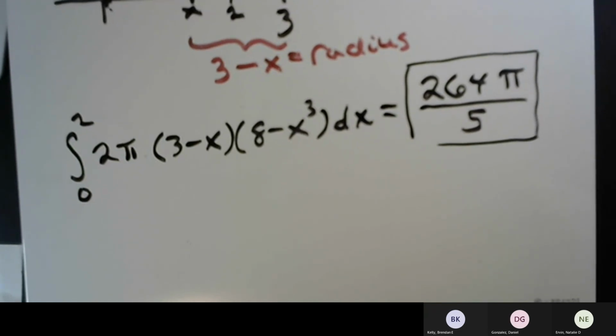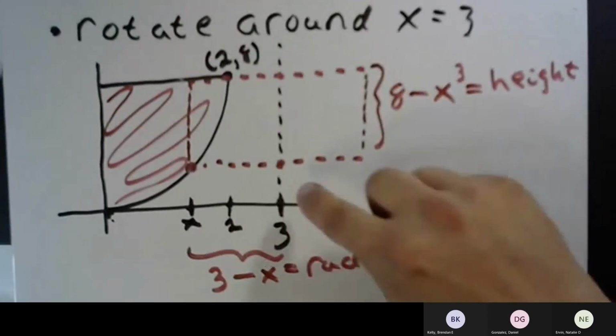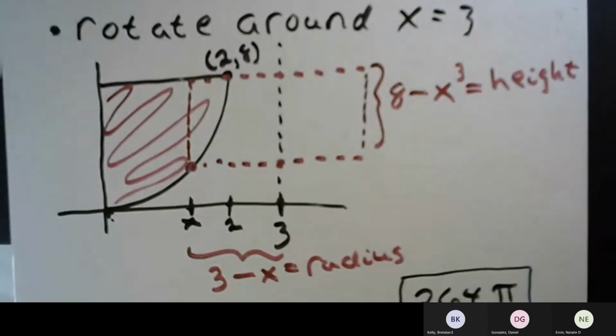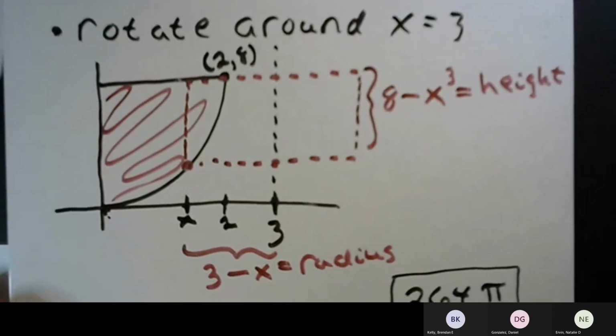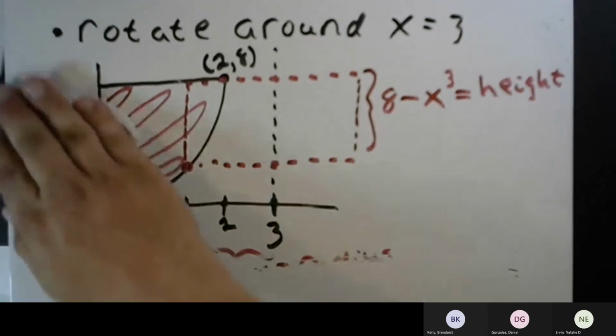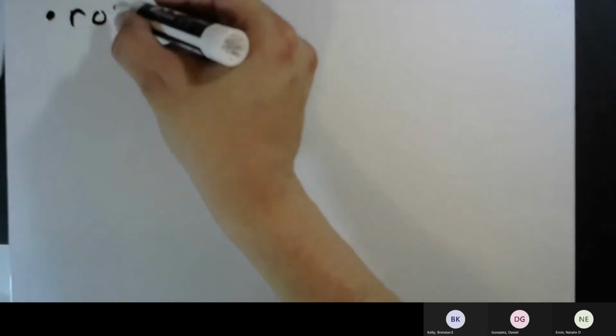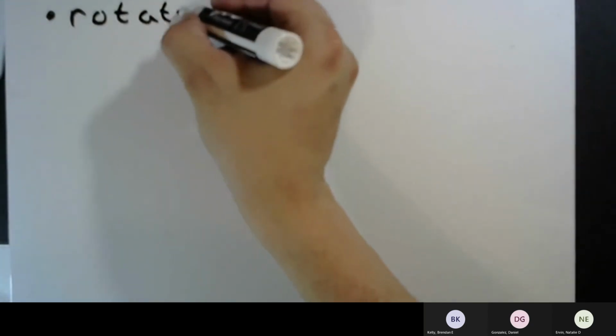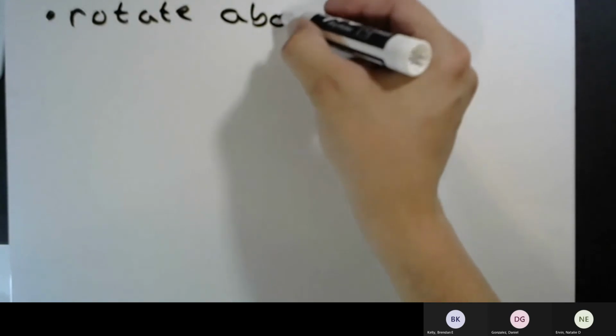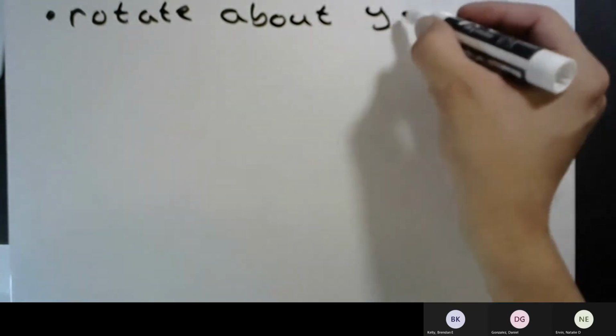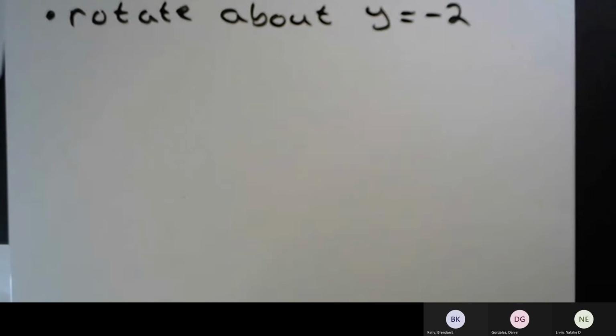So now let's take the same region, and instead of rotating it along a vertical line, let's rotate it around a horizontal line. So let's take it about y equals -1.